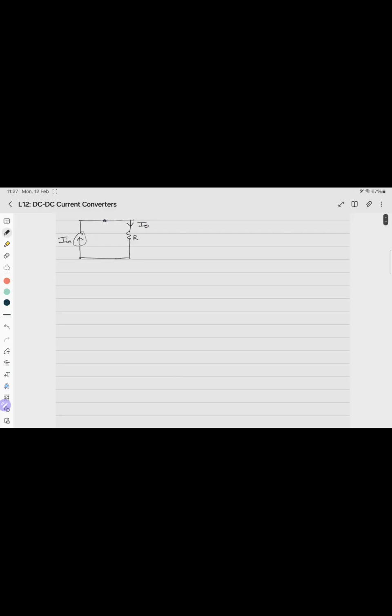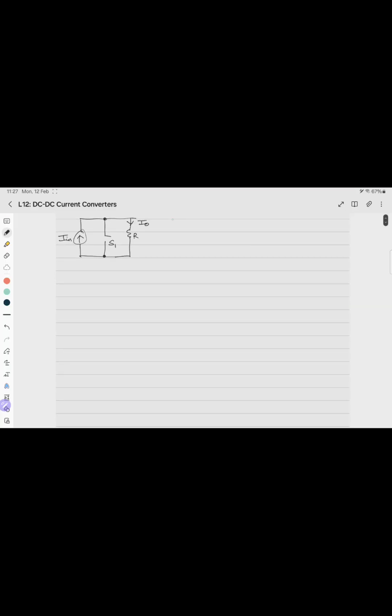So we need to add a switch. We can't add the switch in series because we can't even momentarily open circuit a current source. So that's why we connect it in parallel. This is the switch S1.